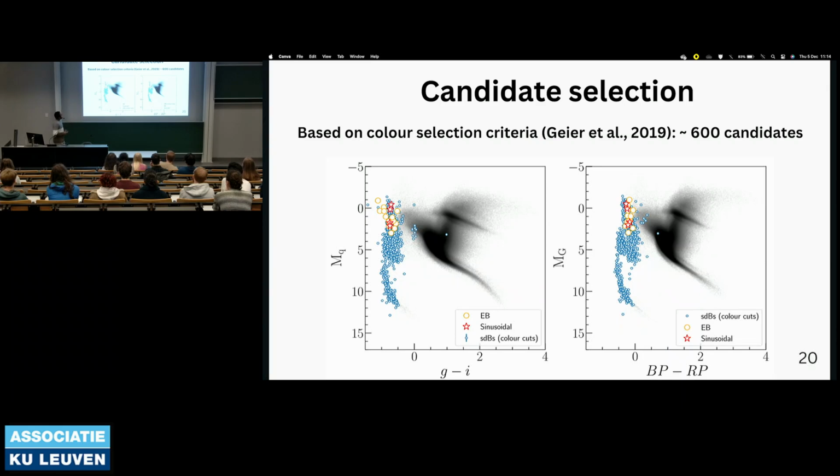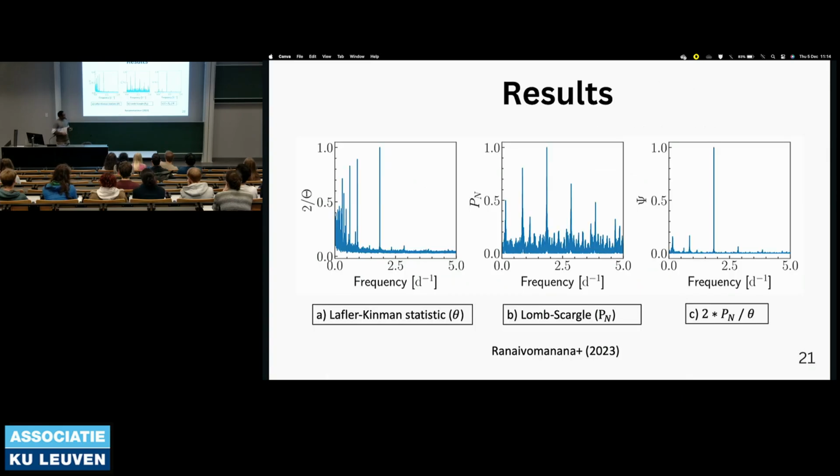We select these based on color selection criteria, and the same objects are represented on the right using the Gaia photometry. And this shows that we can achieve similar photometry with Gaia using the MeerLICHT observations.